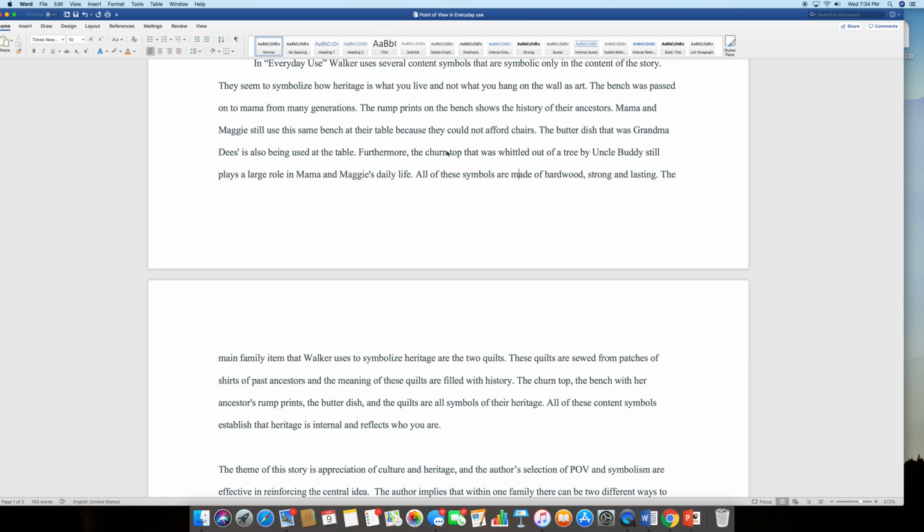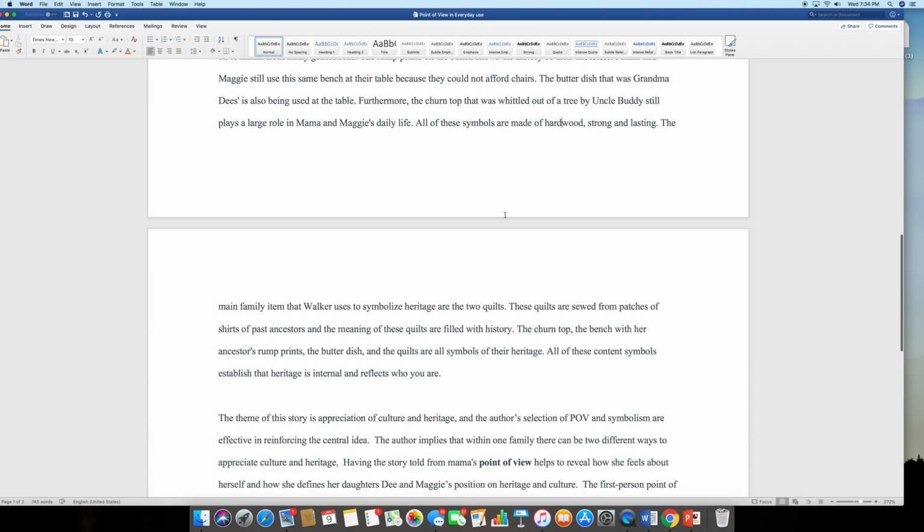The churn top that was whittled out of a tree by Uncle Buddy still plays a large role in Mama and Maggie's daily life. Okay, all of these symbols are made of hardwood. They are strong and they are lasting, right?